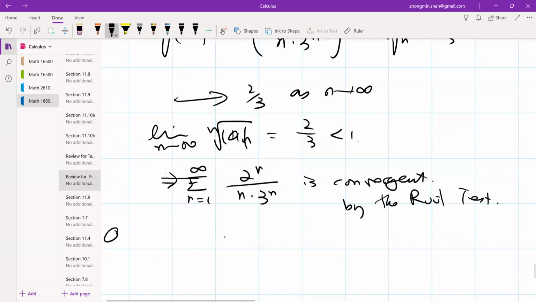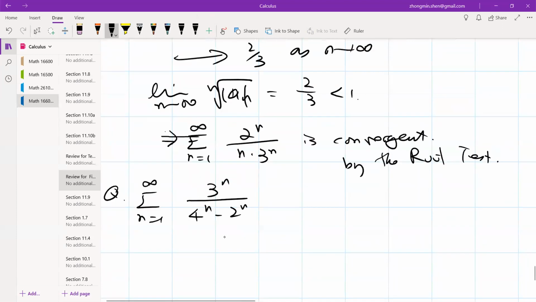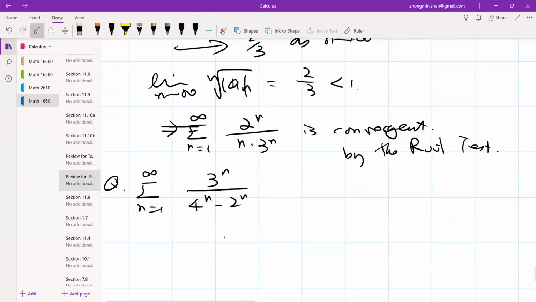But you cannot always use that. For example, 3 to the n over 4 to the n minus 2 to the n. Or plus 2 to the n, or minus, the minus is a little bit more difficult. Now, whether this series is convergent or divergent, I think it is going to be convergent.